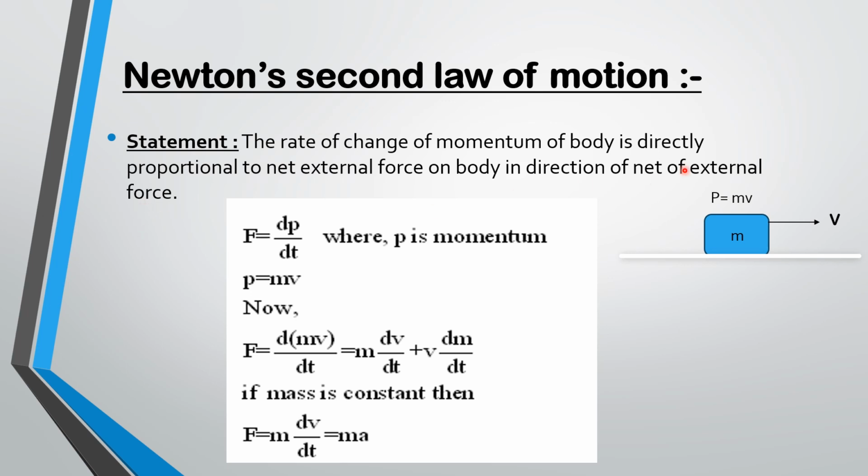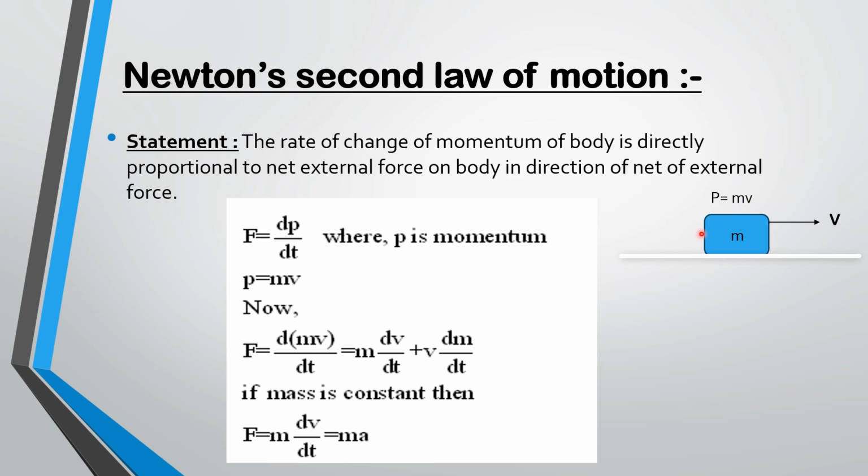What does it mean? Consider an object on a straight line with mass m moving with some velocity v. Wherever there is mass and velocity, there will be momentum, P equals mv, the linear momentum.